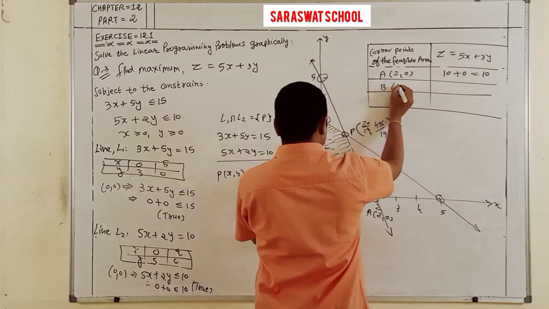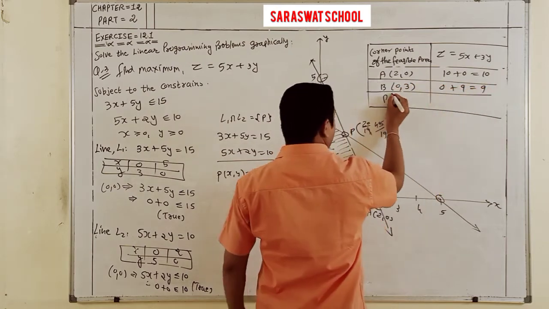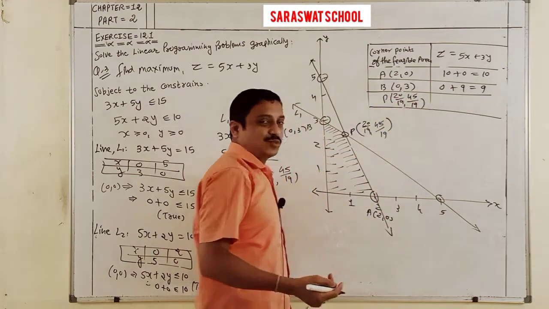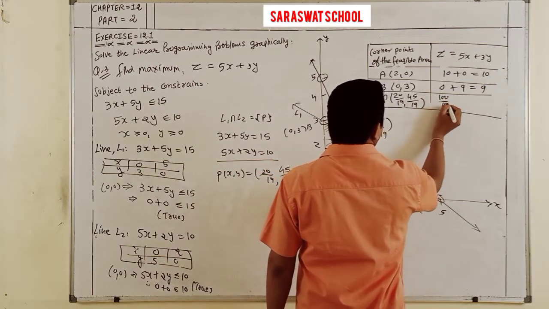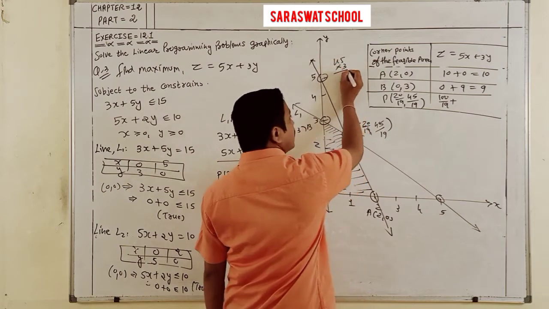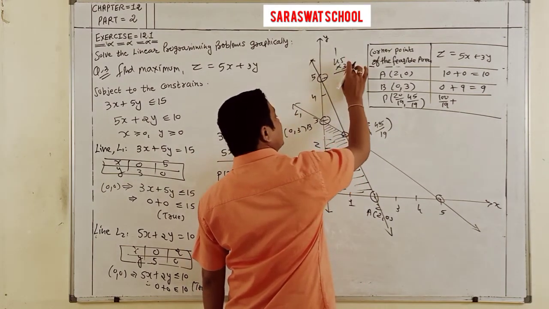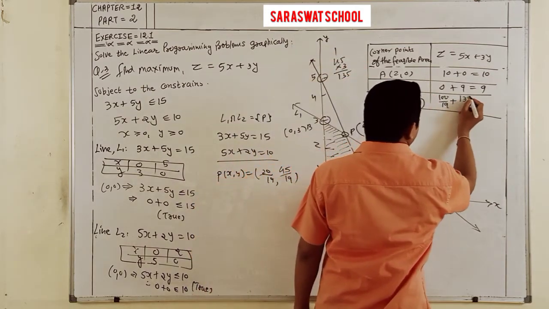Second, B point (0, 3): 3 into 3 is 9. And P point is (20 by 19, 45 by 19). Just put it here: 100 by 19 plus 45 into 3, that is 135 by 19.